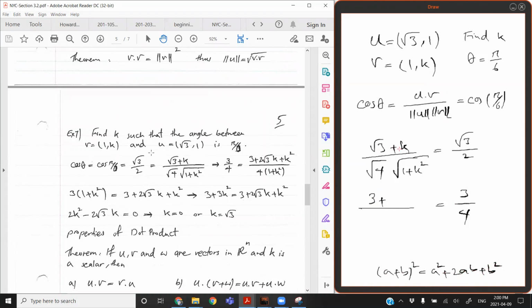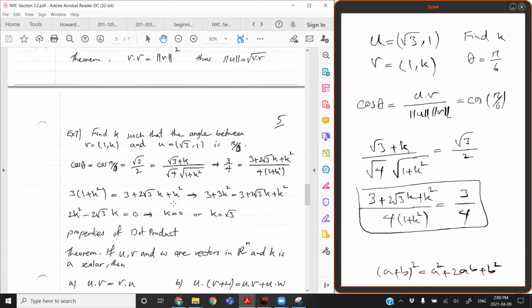So it's 2 times this, that's 2 root 3 k, plus k squared. At the bottom, if I raise this to the power of 2, I get 4, and I raise this to the power of 2, I get 1 plus k squared. So I have this, which is a quadratic equation to solve.